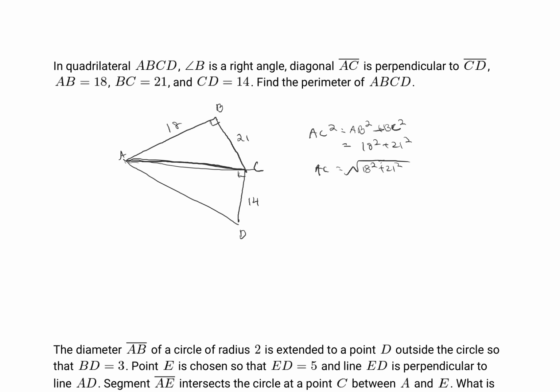We're not going to simplify this right now just because it doesn't seem necessary, right? So we can just leave it like that. And now for AD squared equals AC squared plus CD squared equals AC squared plus 14 squared, and when we look at AC, we find that it's the square root of 18 squared plus 21 squared. And if we square this plus 14 squared, it's equal to 18 squared plus 21 squared plus 14 squared.